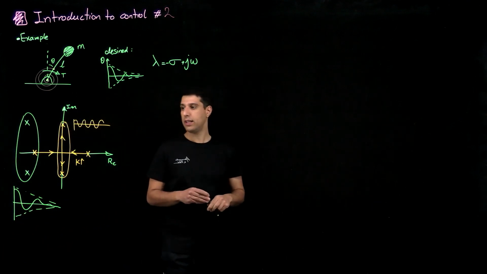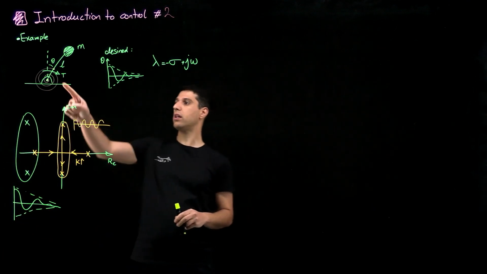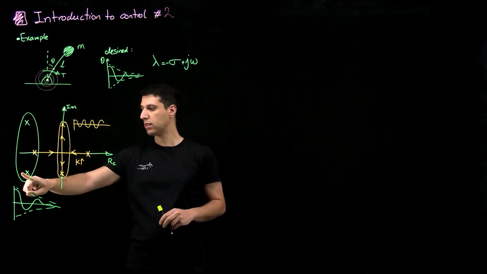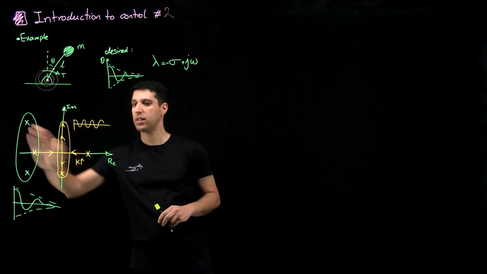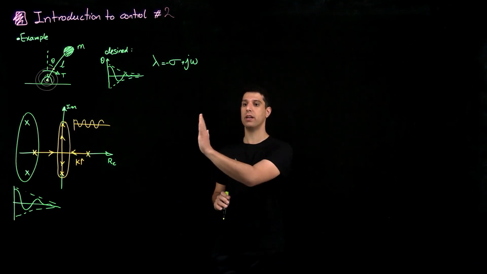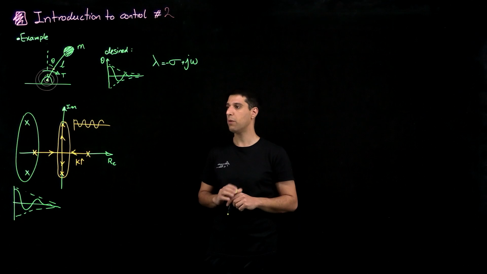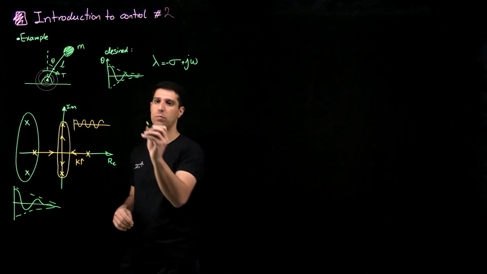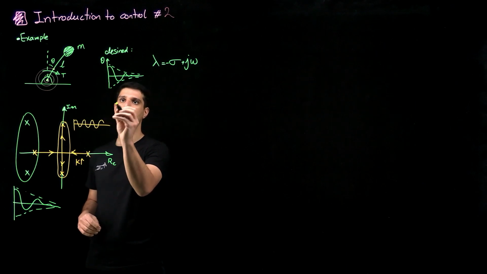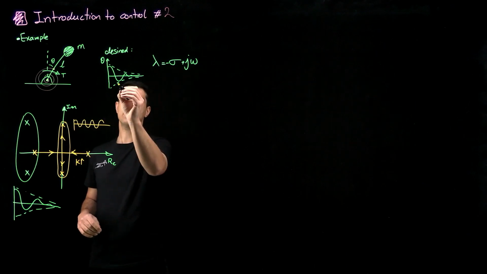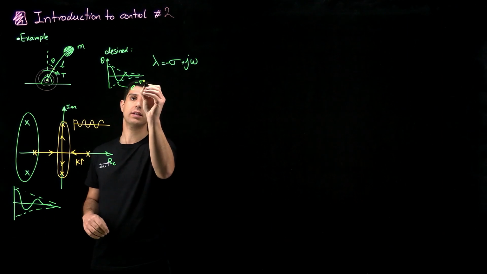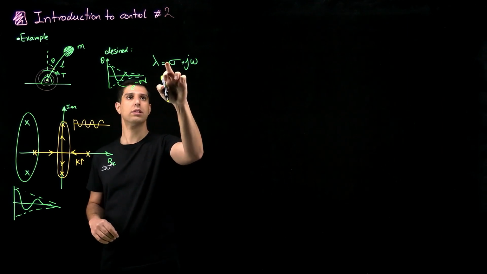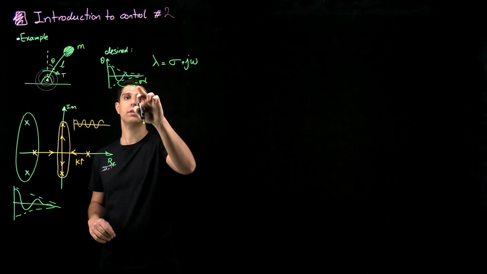So it would be ideal if I can create a feedback controller that shifts the poles of my system further to the left, to the more stable side. The further out I am, or maybe I can try to plot it here. So this exponential, e to the sigma t, where sigma is negative.